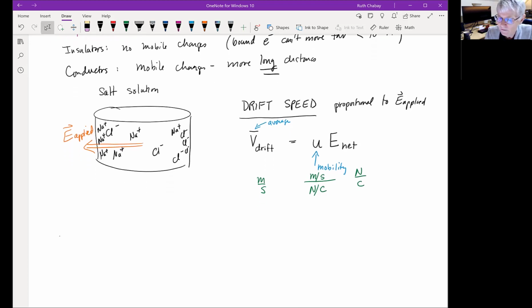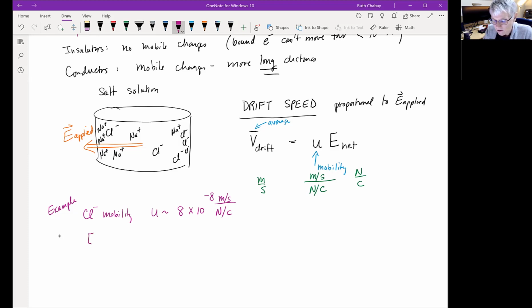So for example, the mobility of a chloride ion in salt water is on the order of 8 times 10 to the negative 8 meters per second per newton per coulomb.